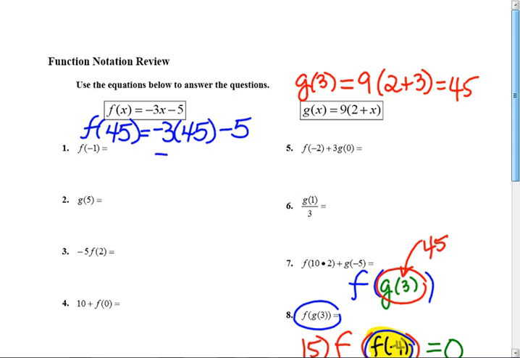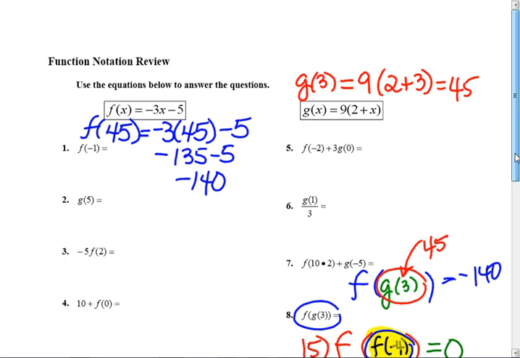Negative 135 minus 5 is negative 140. I did that in my head. You won't know how I did it. I did 3 times 50. That's the answer. Negative 140.